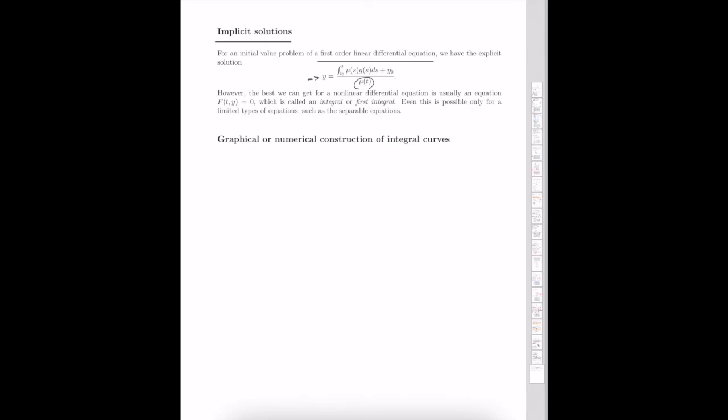We have y equal to something, right? In this sense, it is completely explicit.